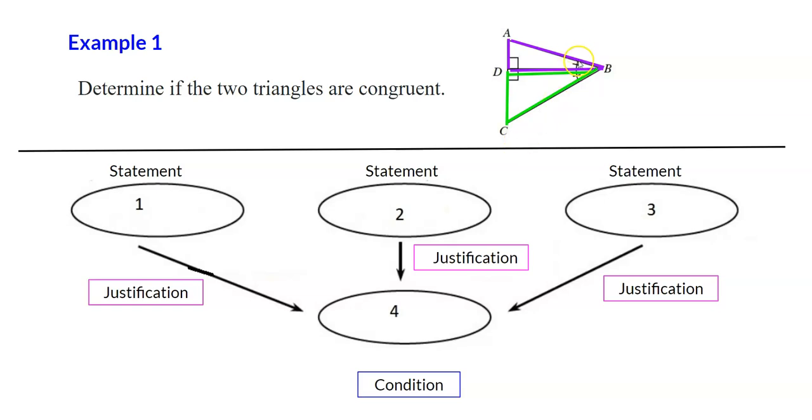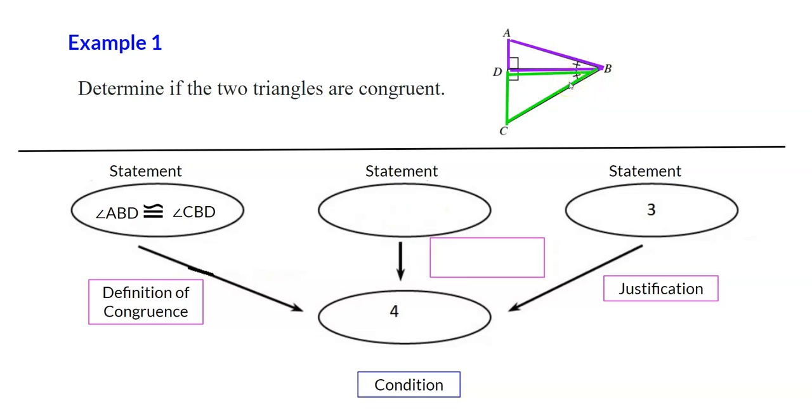I'm going to use this angle right here as my starting point. My first statement is that angle ABD is congruent to angle CBD, because of the definition of congruence, because this figure gave us the markings already, so we know for a fact that they are congruent to each other.